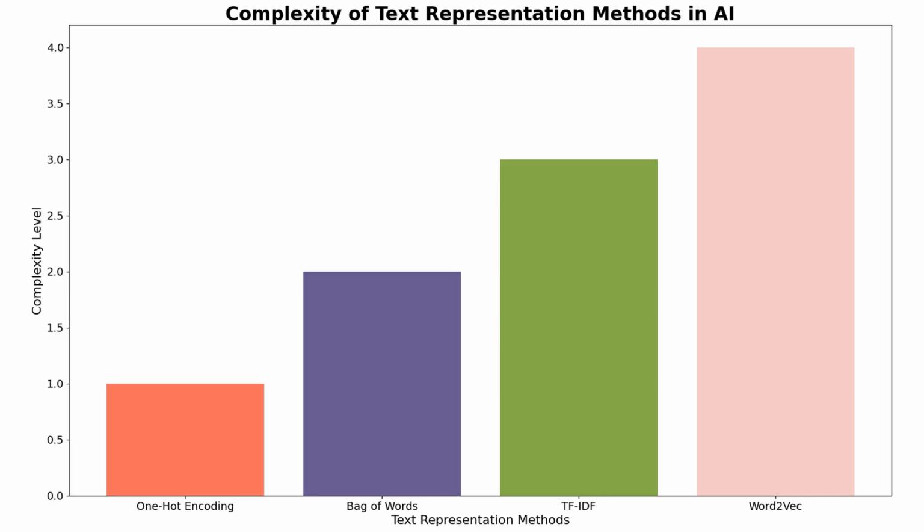And finally, Word2Vec takes the cake, representing the highest complexity shown here, providing dense, learned embeddings that really capture those semantic similarities and contextual relationships between words. This ordering highlights an important trade-off between simplicity and representational power.